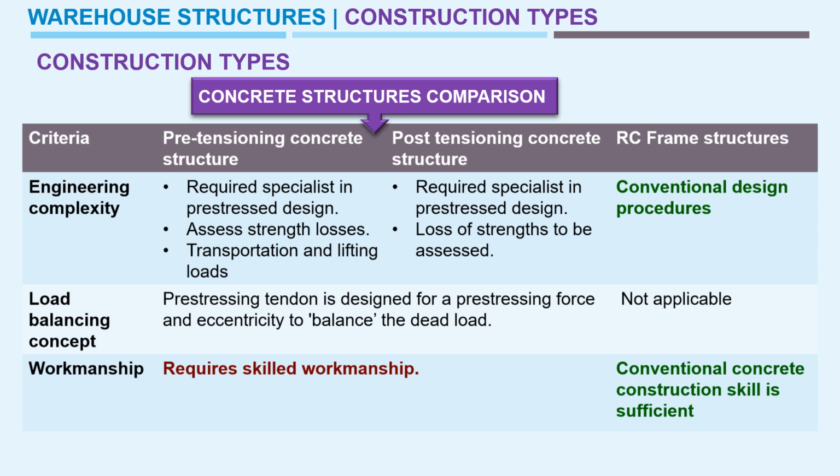Coming to post-tensioning concrete, loss of strength is assessed the same way as pre-tensioning, except that in pre-tensioning we also need to calculate the transportation and lifting loads. For RC frame structures, there is no engineering complexity; conventional design procedures are followed, and a lot of code parameters are there that we need to consider, which is sufficient.